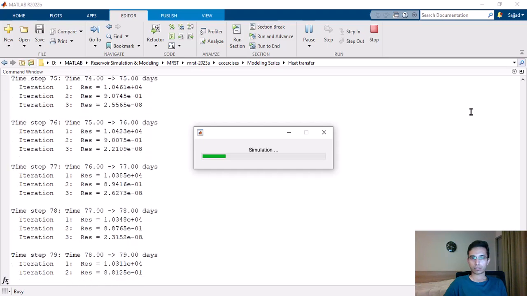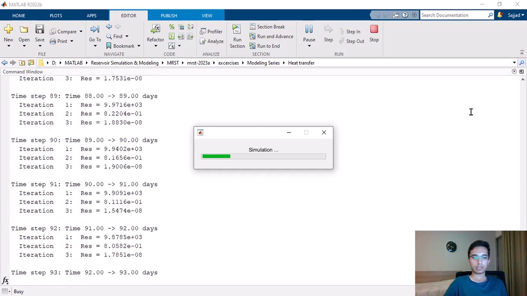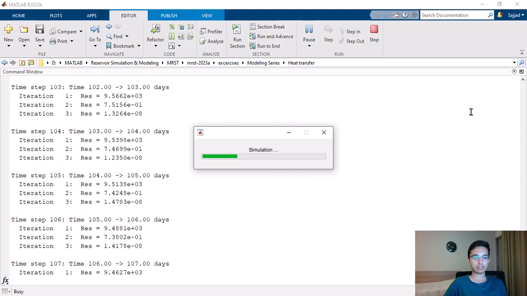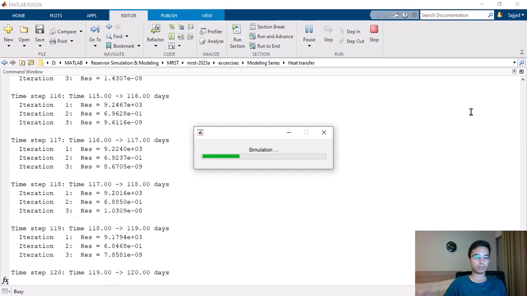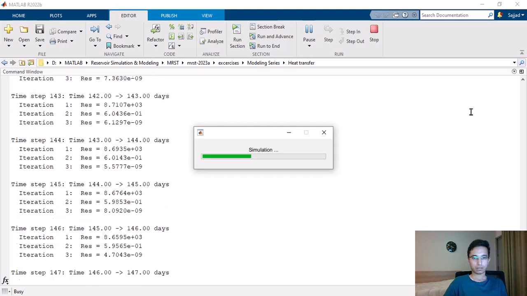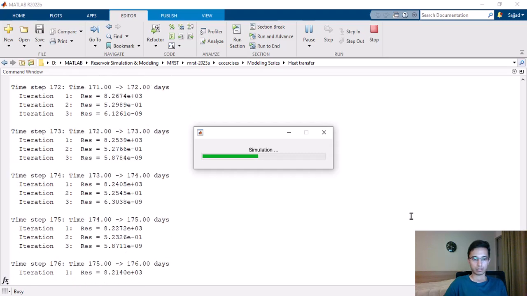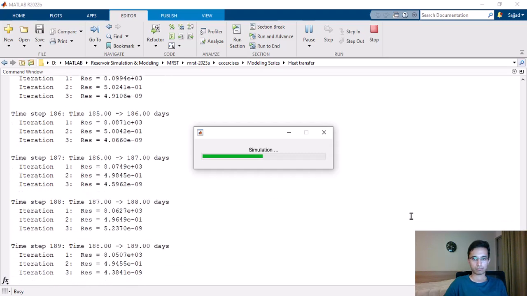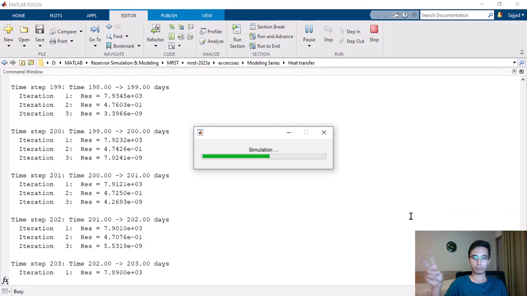If you run this on your own computer, it'll be certainly faster than this, because now the video recorder is running, and it certainly reduces the speed of the program. All right, so let's see what the results are going to be. And we will have two figures.